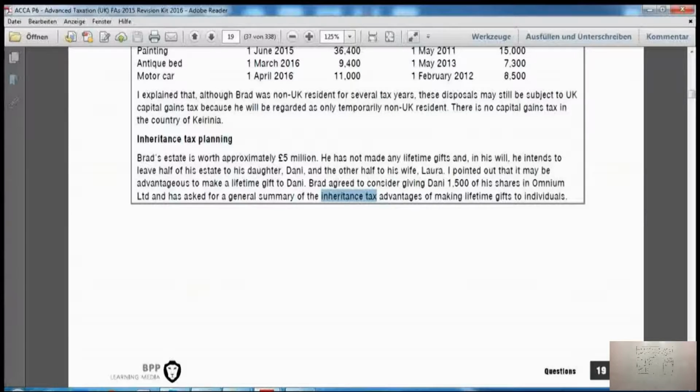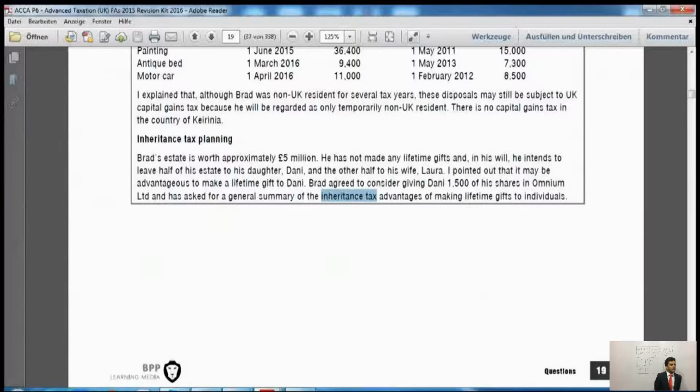Now the last sentence of this paragraph says inheritance tax advantages of making lifetime gifts to individuals. In the previous lesson, if you remember, I have given you a list of benefits of making lifetime transfers. I assume you have learned it. I told you that that list is very, very important. It has been examined quite a few times in exams.